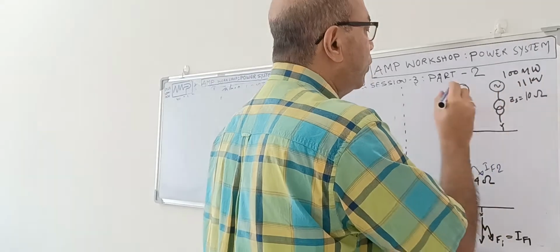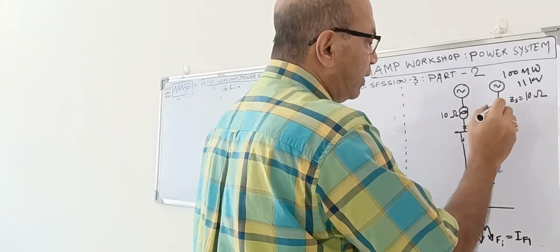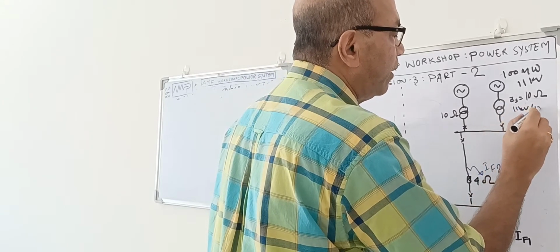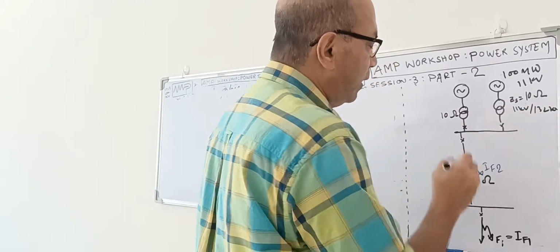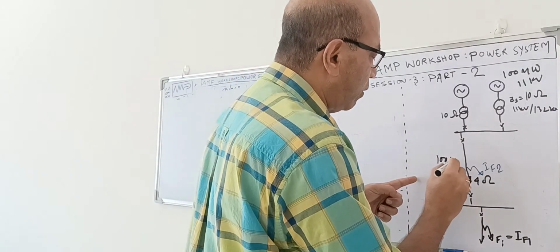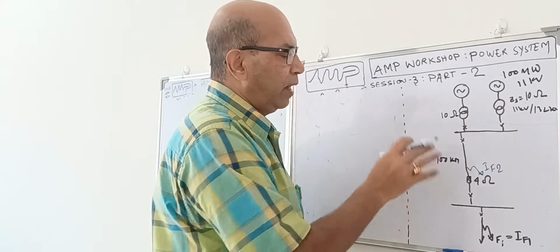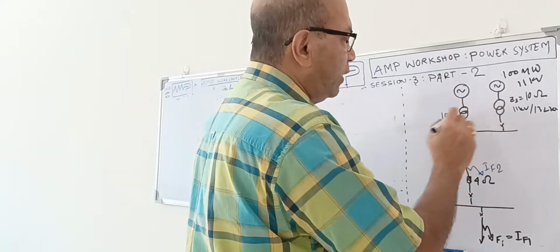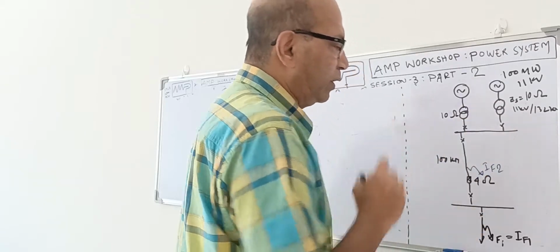There is a generator transformer converting 11 kV to 132 kV, and then there is a 132 kV transmission line, maybe 100 kilometers long. So these two generators are connected in parallel to the bus, and from there the line is feeding.